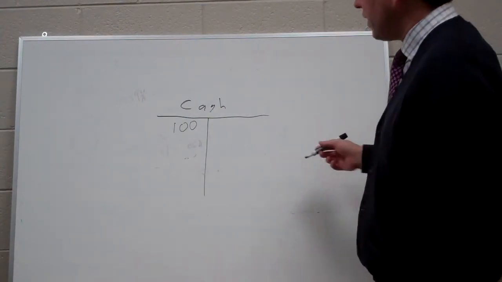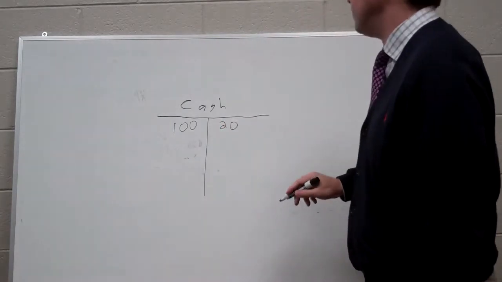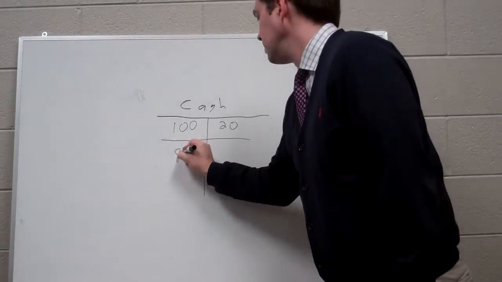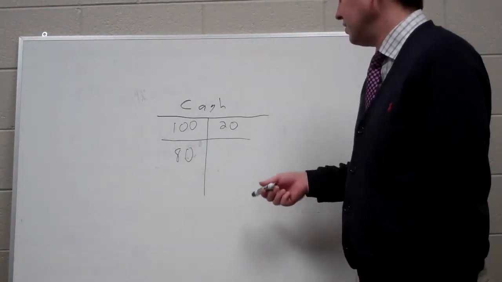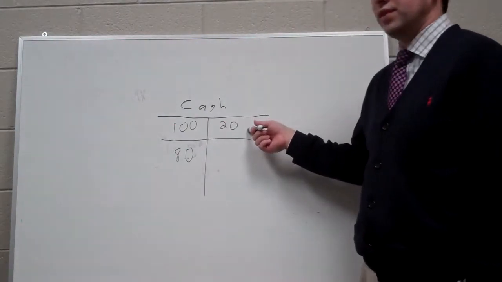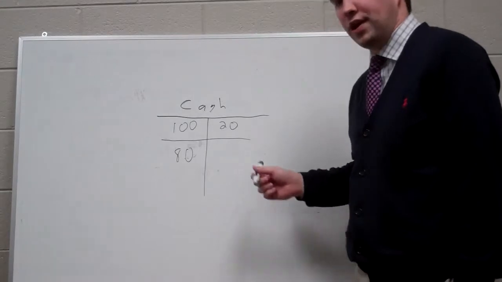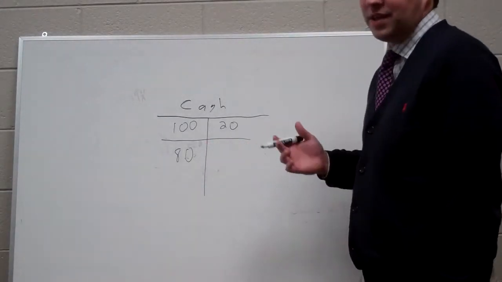Then we pay a $20 bill. Well, cash is going down. So the cash account gets credited. The balance in the cash account is now $80. It's a debit balance because the debit side is more than the credit side. It's also a debit balance because cash has a normal debit balance. In normal situations, cash will have a debit balance.